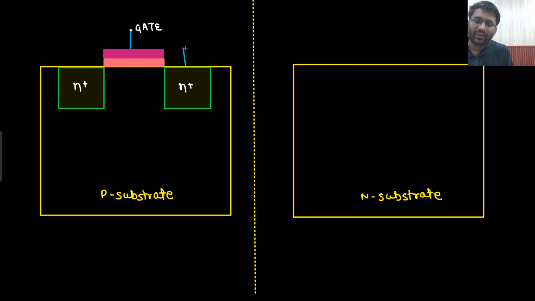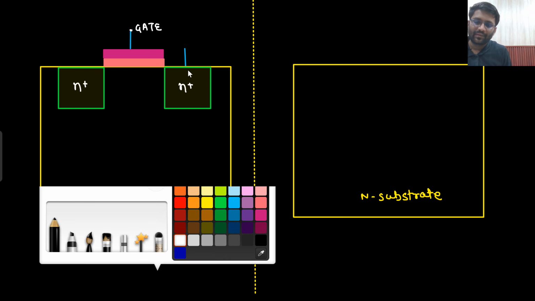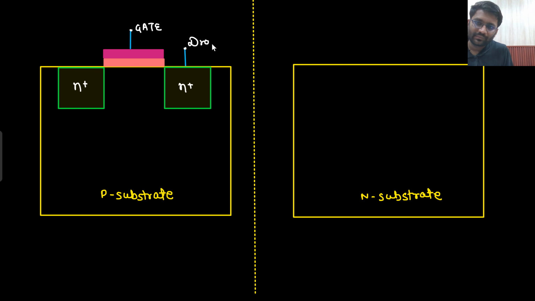This particular node I am calling as drain. And this particular node I am calling as source. And another node I am defining, which I will be calling as body. This is my body.